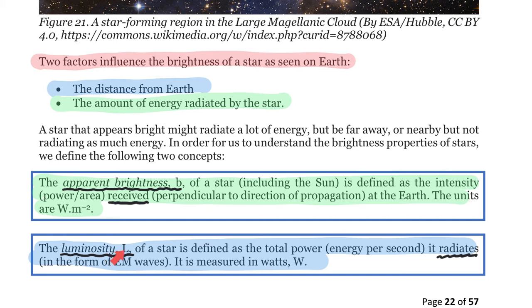The luminosity is in actual fact the power of the star, so that's how much energy is being generated by the star per second, whereas the apparent brightness is the power per area that is experienced at the Earth or on the Earth.